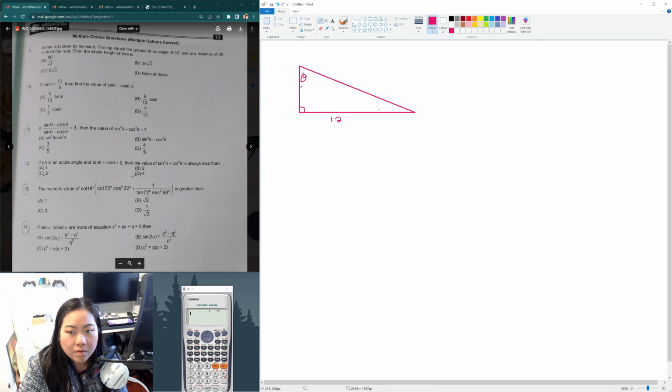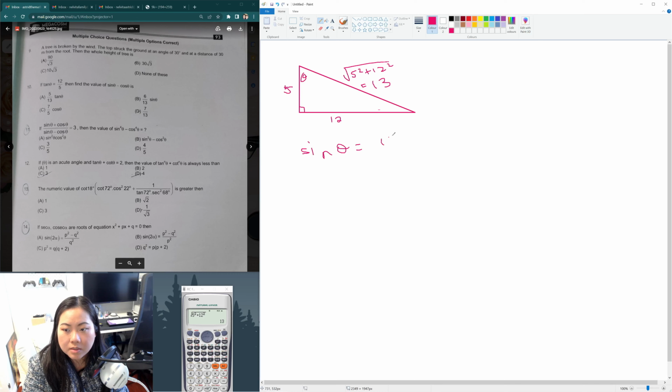Then find the value of sine theta minus cos theta. So sine theta is going to be opposite over hypotenuse. Let's find the hypotenuse. Hypotenuse would be square root of 5 squared plus 12 squared, which is 13. Oh, that's nice.